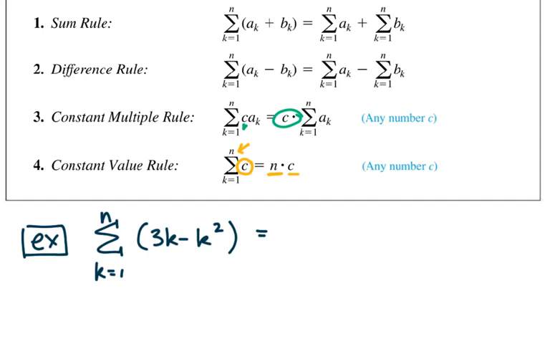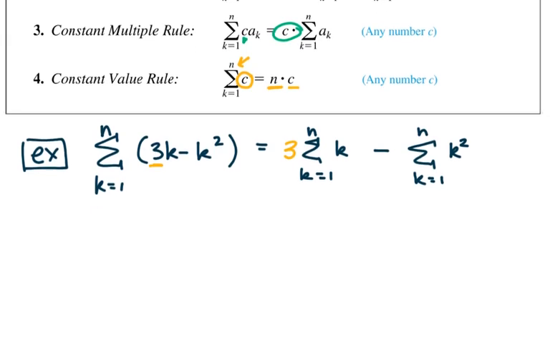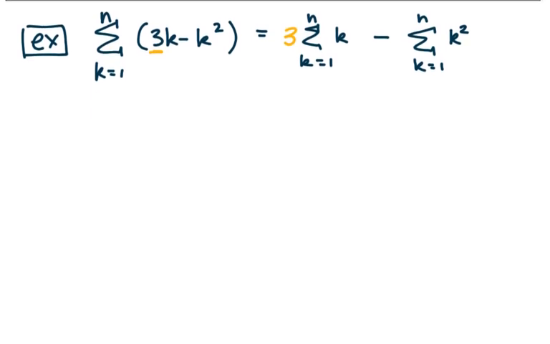Okay, so that 3, that constant multiple 3 could go in front of the sum, and this would be the sum from k equals 1 to n of k, minus, we could separate those by using our difference rule, k equals 1 to n of k squared. So we're not really solving anything here. We're just making sure we understand that we can manipulate these sums when we are solving to simplify things.